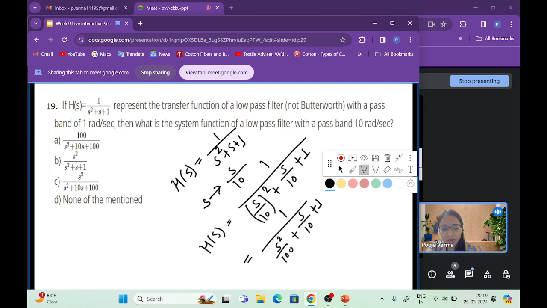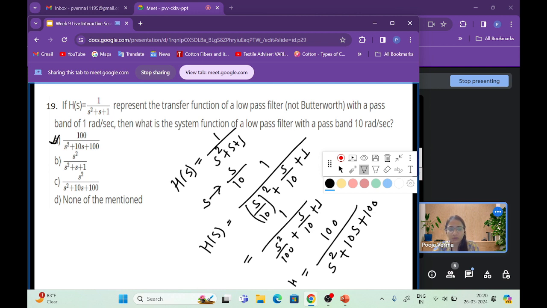If we take 100 out and solve further, we will get 100 divided by s square plus 10s plus 100, right? So for the pass band at 10 radian per second, we find H of s, this one. So the correct option is option A.